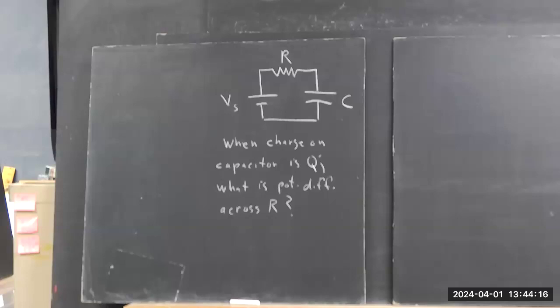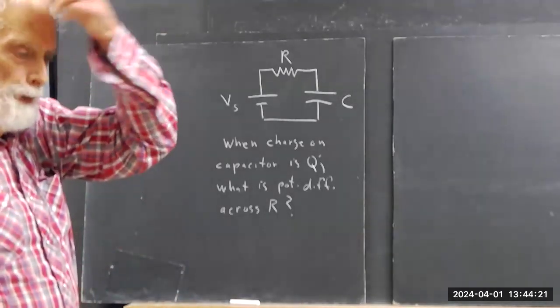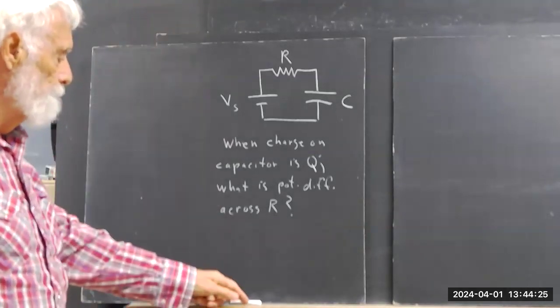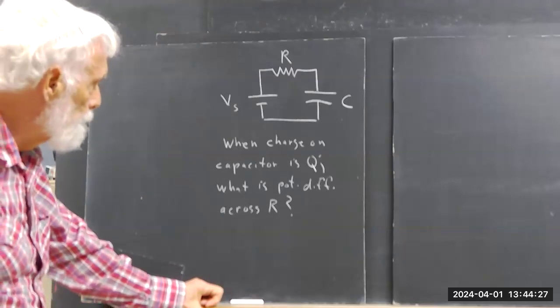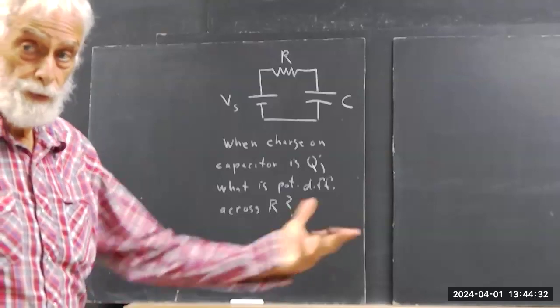Okay, we're just going to quickly talk a little bit about RC circuits. They're fairly simple since you have the differential equations background, but let's just look at this. You have a source, a capacitor, and a resistor in series. Simple thing.